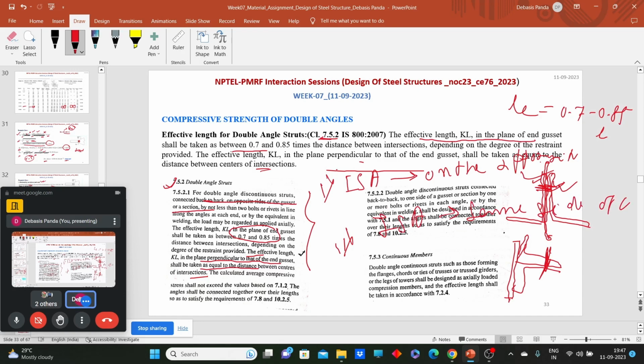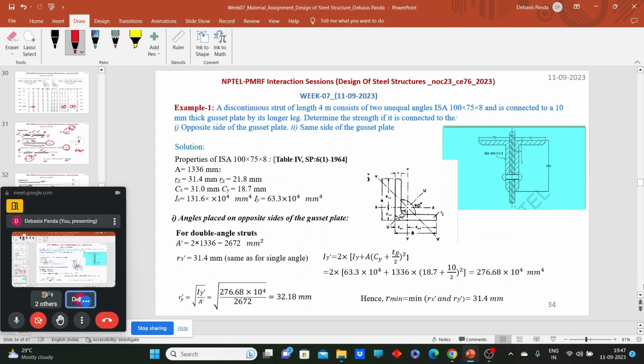If the first case occurs, when they are on the opposite side, you need to consider the effective length as 0.7 to 0.85 times the length, and if they are on the same plane, then you need to consider the effective length as 1 times L. So we will solve some problems, then these concepts will become clearer.